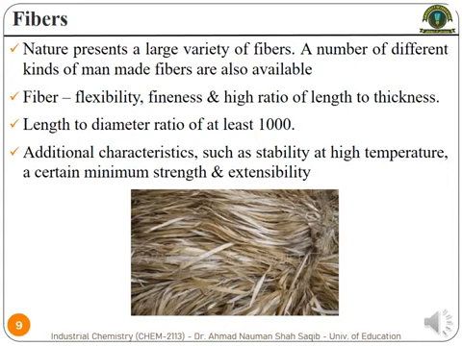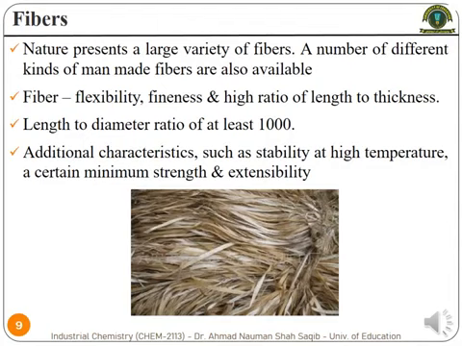So if we have to define a fiber, what is a fiber? Fiber is a matter which includes flexibility, fineness and a high ratio of length to thickness. And a fiber should necessarily have a length to diameter ratio of at least 1000 to be considered a fiber.